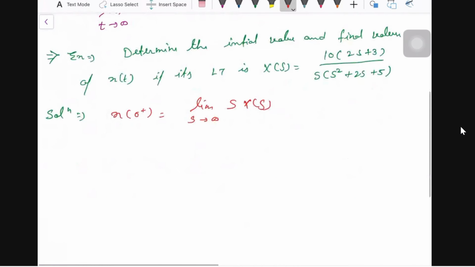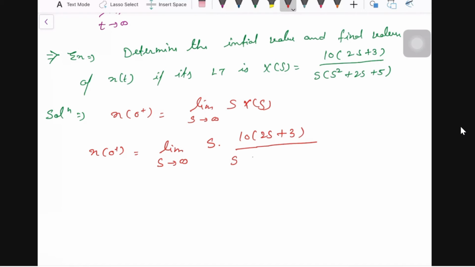Now you can see X(s) is given, so the value of s X(s) is s times 10(2s plus 3) upon s square plus 2s plus 5.